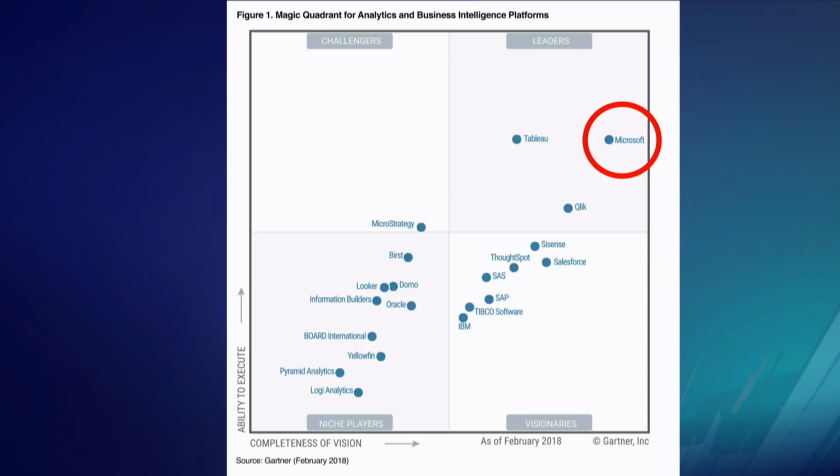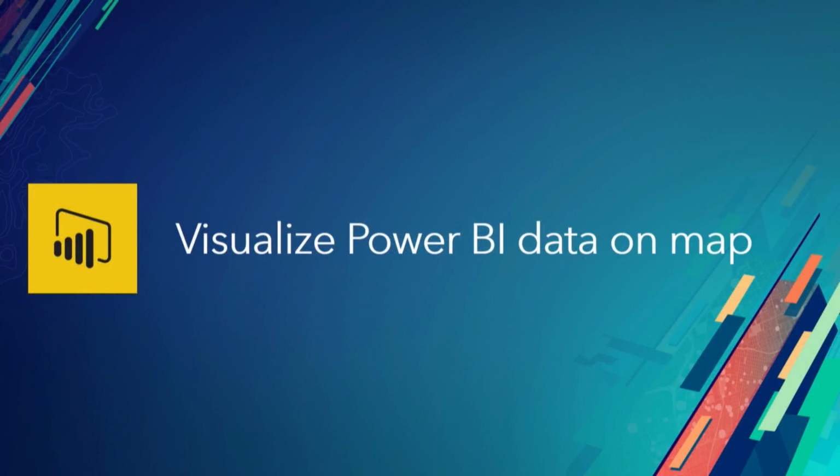And so where you want to be on this graph is in the upper right-hand corner, exactly where Microsoft is. And so this is one of the reasons why we have partnered so tightly and so closely with Microsoft, because we're the best in spatial, and they're clearly the best in BI. So just wanted to toot our horn a little bit there, but we'll move now into actually talking about what the product does.